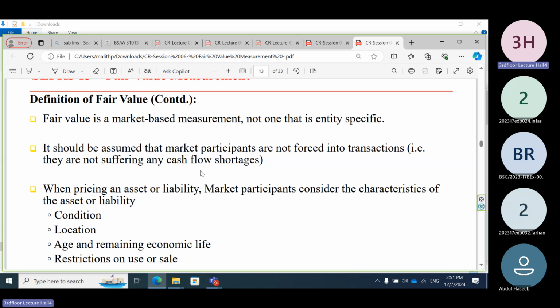For economic useful lifetime, you have to refer LKAS 17. Okay, 17 for leases, economic useful lifetime, right?